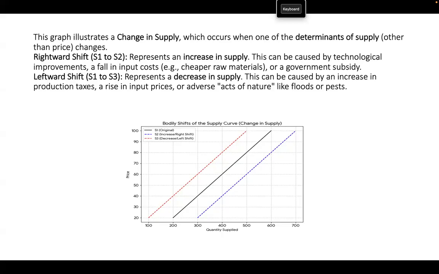So now you should be able to explain what demand is as well as supply, their determinants, and to know the changes in supply, changes in quantity supplied, as well as their determinants. I don't want to stress you today.